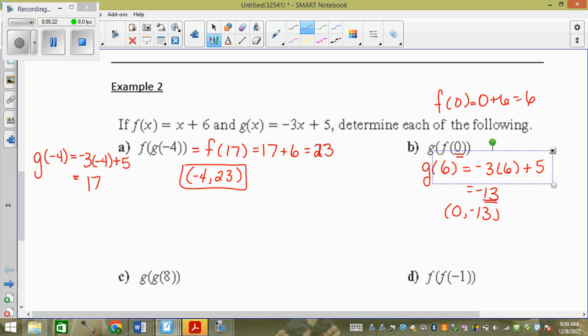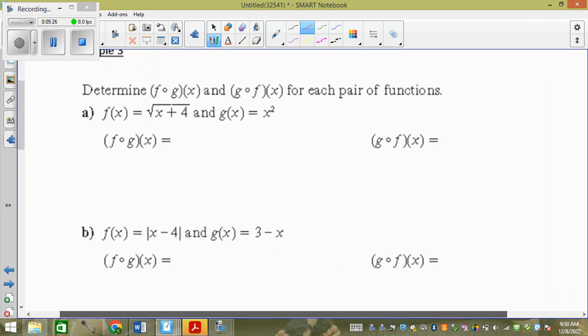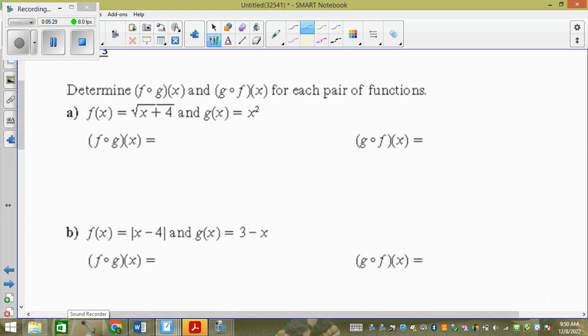Cool. What if I do this, though? Am I getting out a coordinate? I'm getting out a whole bunch of coordinates. I'm actually getting out the entire graph, correct? Because I'm not plugging in just one x and getting out just one y. So immediately when I see fog, you write it in the order that it is. So it's going to be f of g of x. What do you suppose my first step is going to be? Put g of x in there.